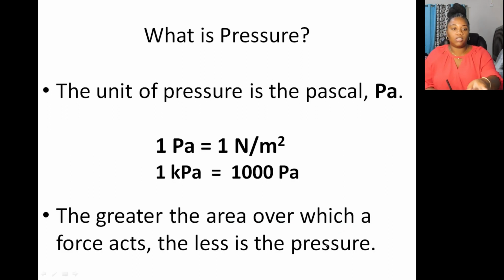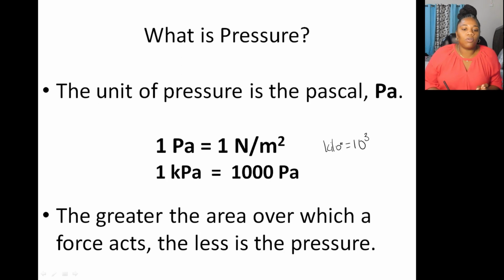And we're going to see that. The unit of pressure is a pascal. So therefore 1 pascal is equivalent to 1 newton per square meter. Now 1 kilopascal is equal to 1,000 pascals, because remember, kilo is equal to 10 to the 3.